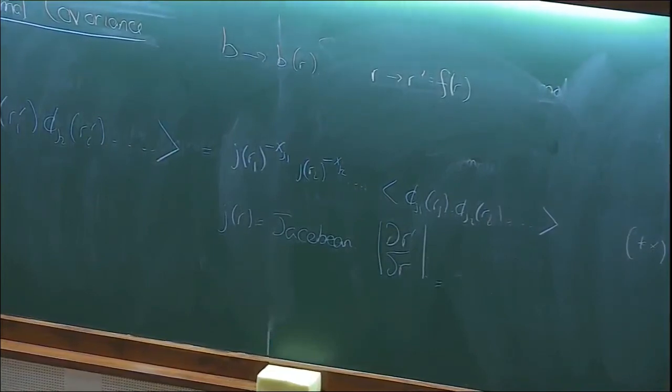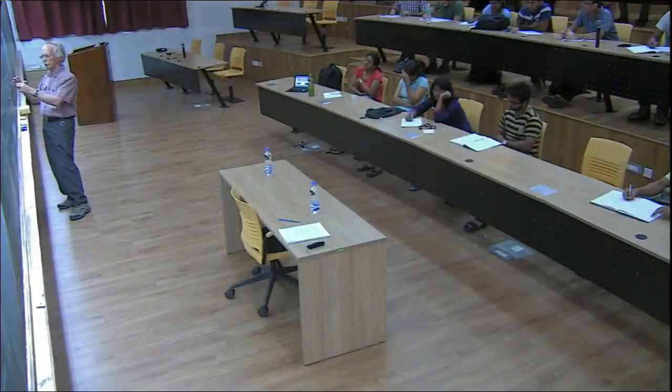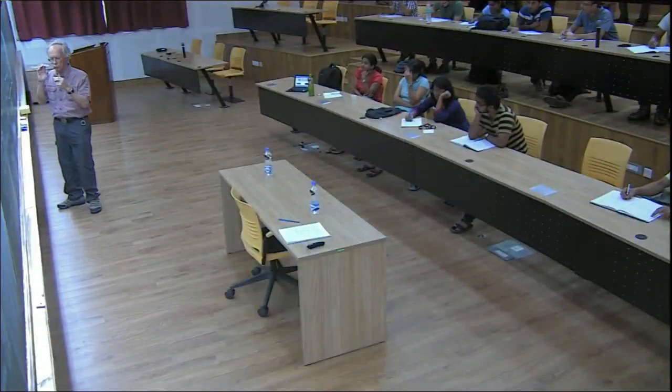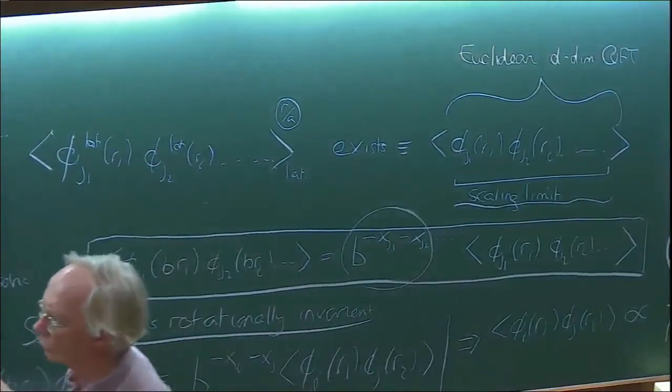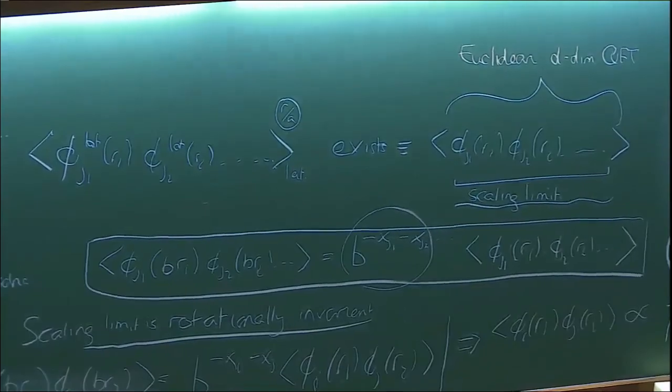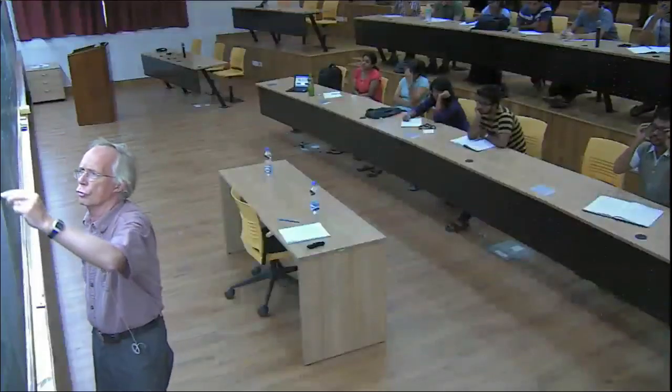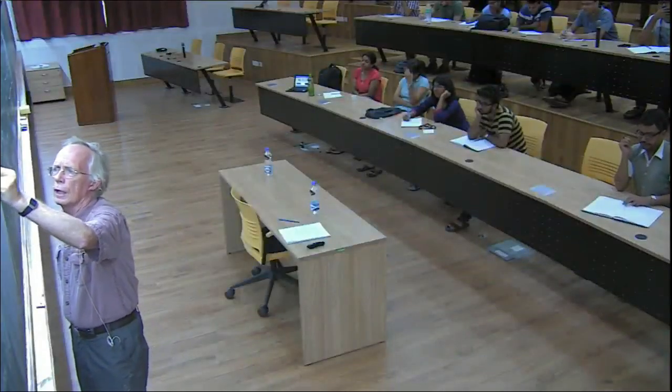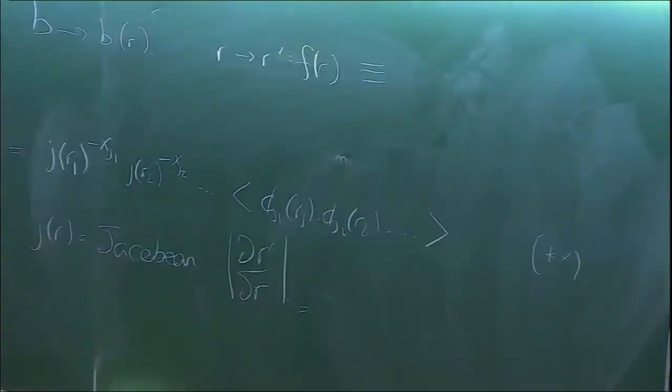So my argument was based on trying to lift this covariance under scale transformations to something larger. So what we're going to say instead is that this transformation is equivalent locally to a scale transformation or a possible rotation.